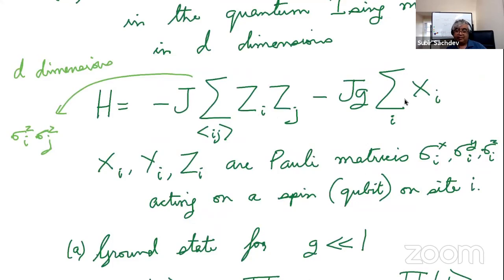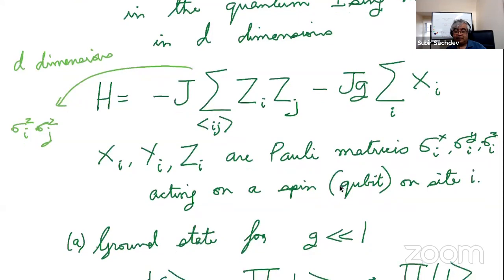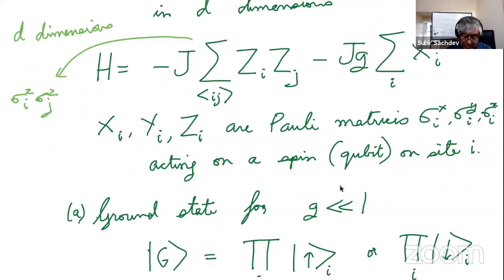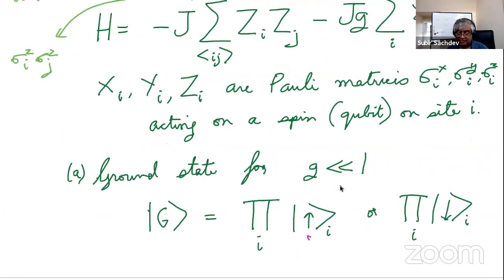Suppose I put it on a torus with periodic boundary conditions, then I believe the cat state will be the ground state in a certain regime. It'll be a state which is this plus this. That'll be the ground state, but exponentially close to it, meaning e to the minus L, where L is the system size, there'll be another state with this minus this.